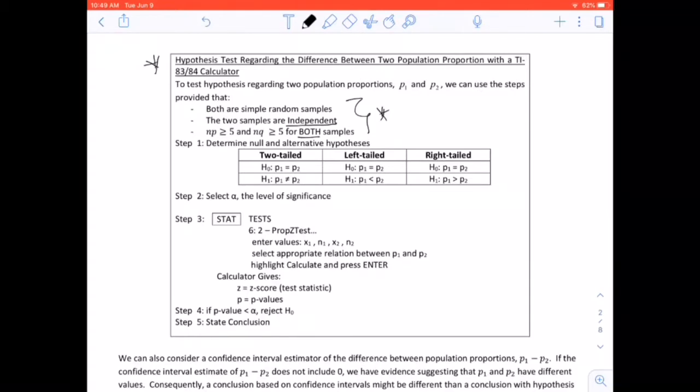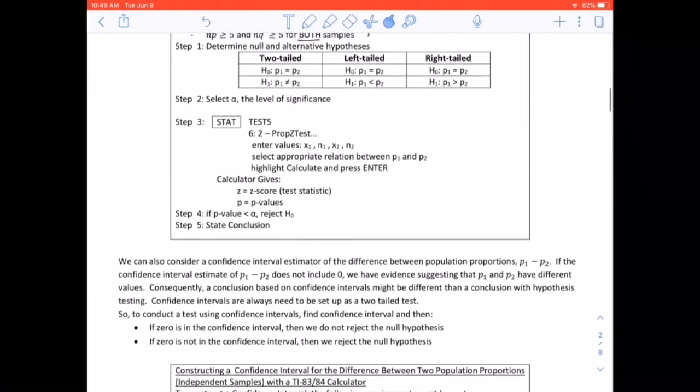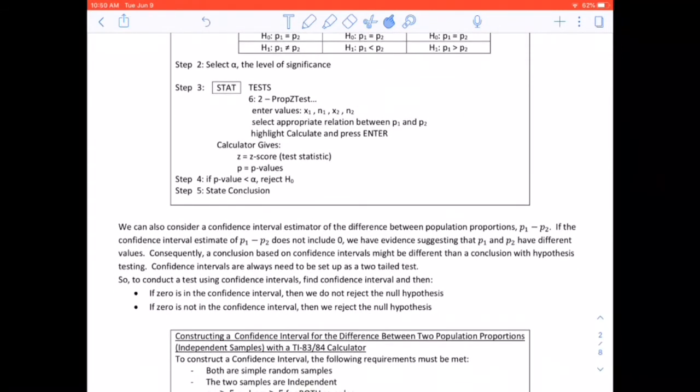Step 1, determine your null and alternative hypotheses. If you look at your null, it's the same for all of them. It's P1 is equal to P2. And your alternative is either a two-tailed, left-tailed, or right-tailed test, and that dictates the symbol that's going to go in there. Step 2 says to select alpha. Again, that's normally given to you in the problem. Step 3, we're going to go STAT, TESTS, number 6, which is 2-PropZTest.